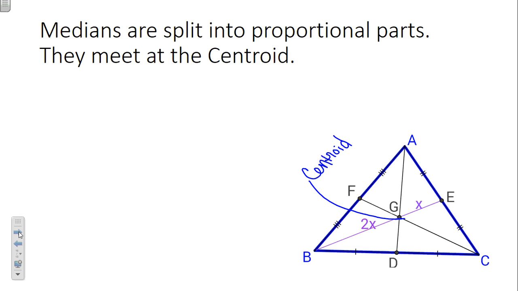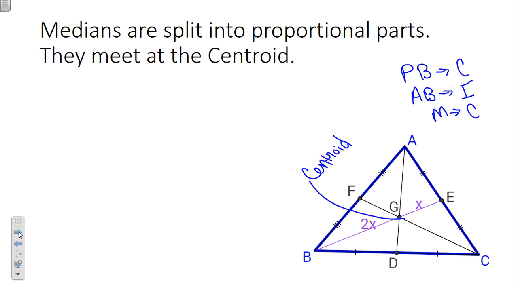Perpendicular bisectors went with circumcenters, the great big long words, the longest one. Angle bisector went with the incenter, and the medians go with the centroid.